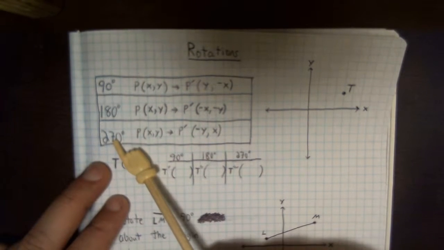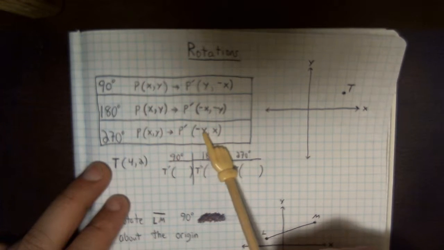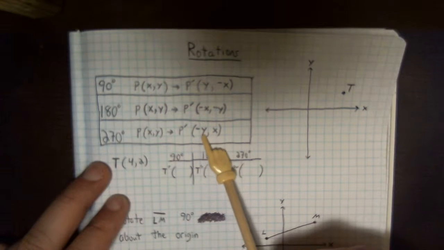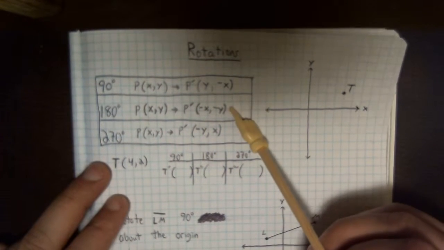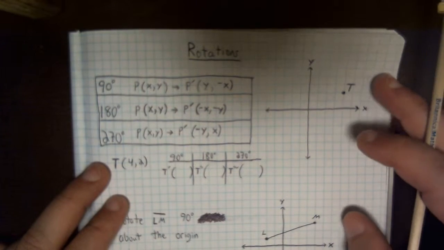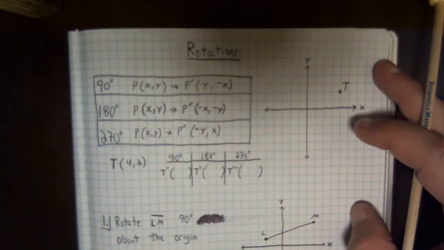And for a 270-degree rotation, our original point P will end up at x and y switching. However, y is going to be the opposite value. So we're just going to be using these formulas. Something you might want to memorize. I really suggest memorizing these. Practice with them to get familiar with these.